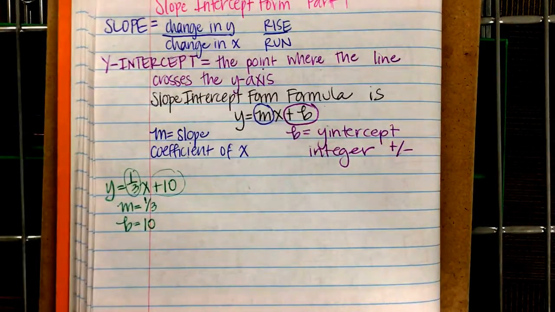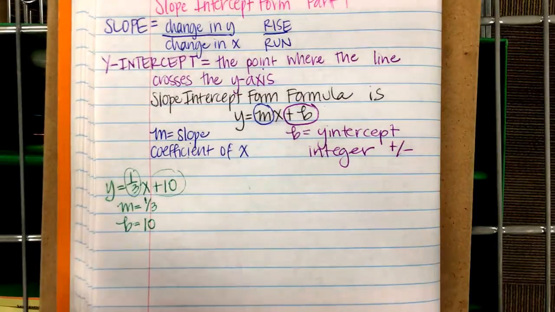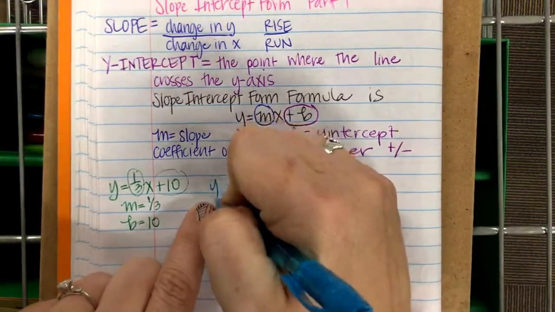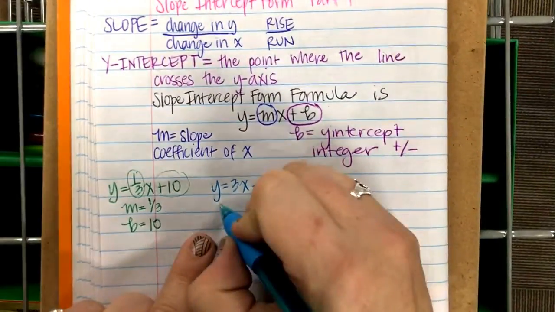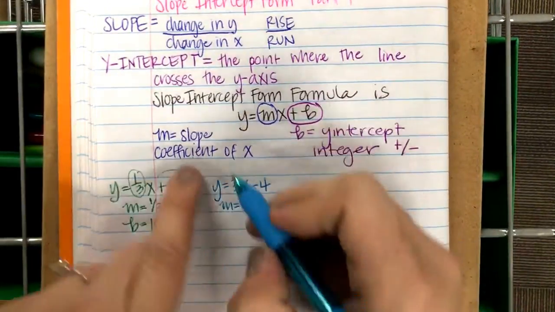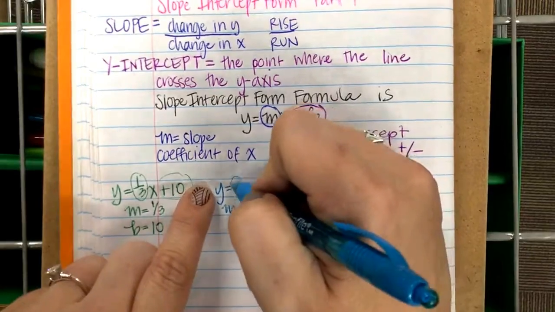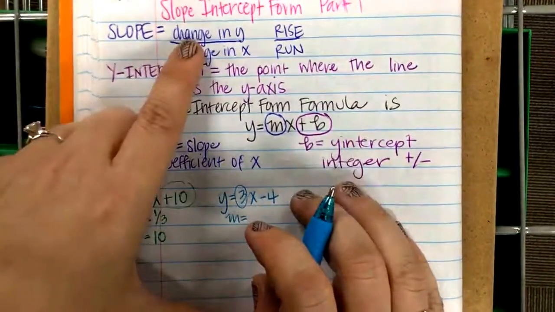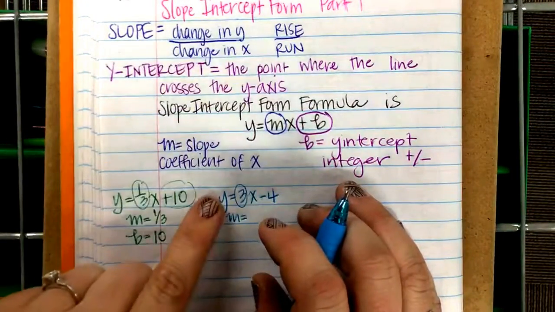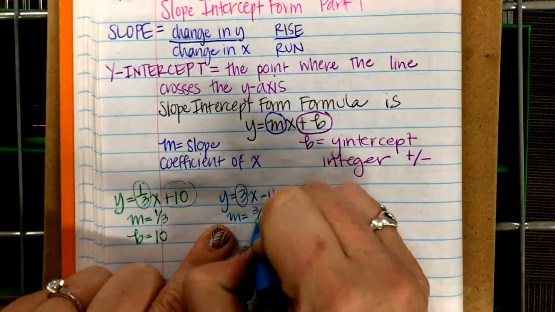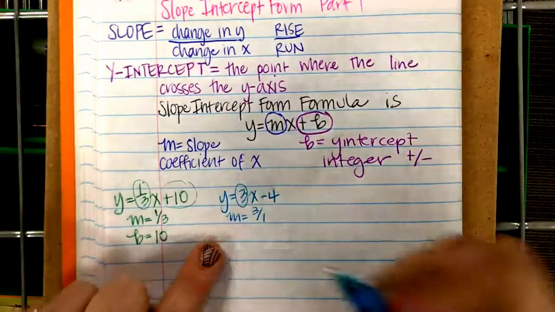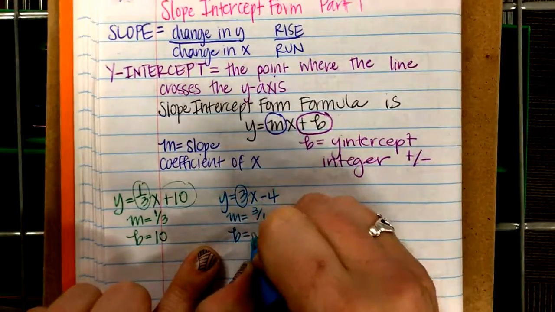Let's try another one. Y equals 3x minus 4. So the slope is the coefficient of x, which is 3, but remember, slope must be a fraction. So how do you make 3 into a fraction? 3 over 1. And your intercept is -4.